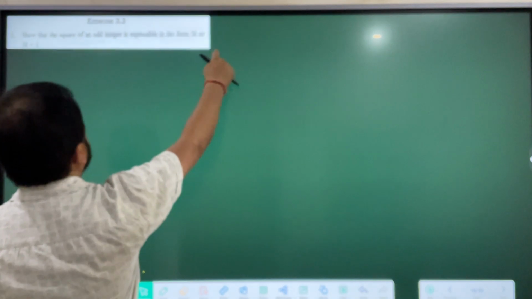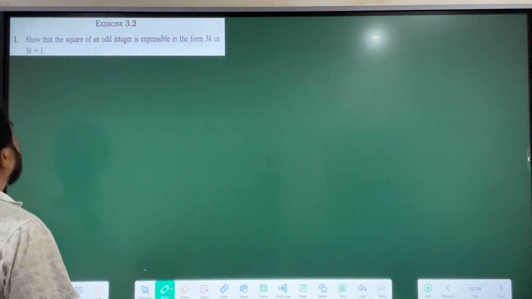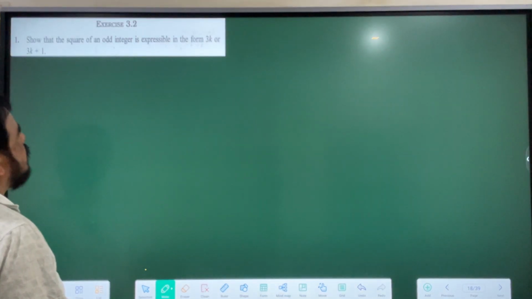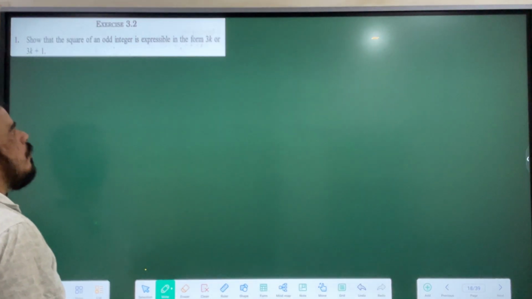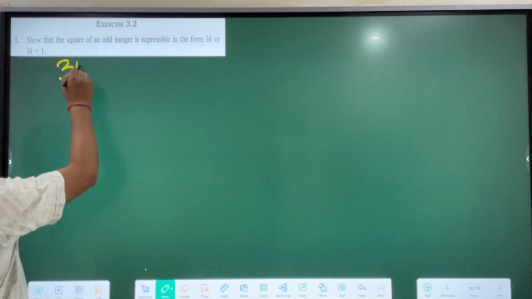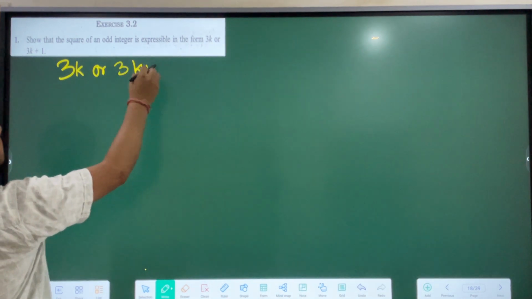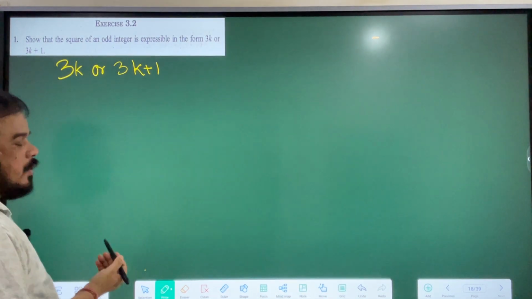Now we are going to start exercise 3.2. Number 1, show that the square of an odd integer is expressible in the form 3k or 3k plus 1. We have to express it as either 3k or 3k plus 1.